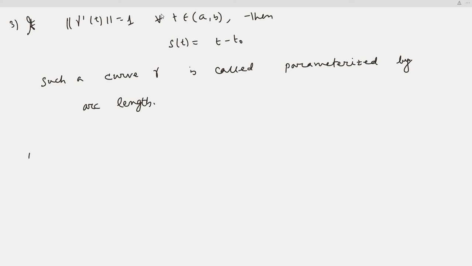So we note that for simplicity we restrict to curves parameterized by arc length. We prefer curves that are parameterized by arc length.